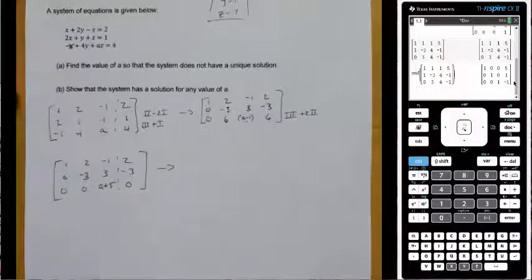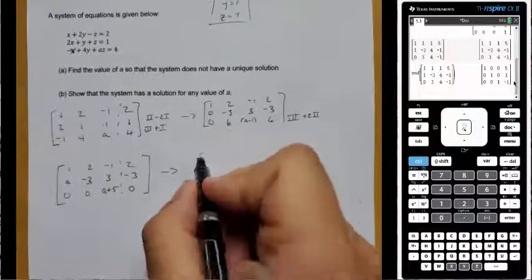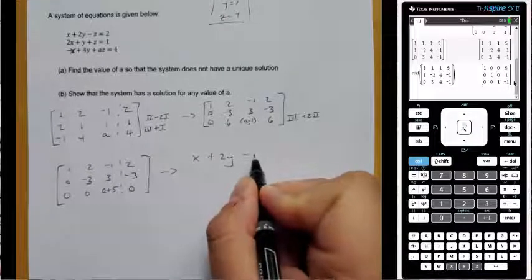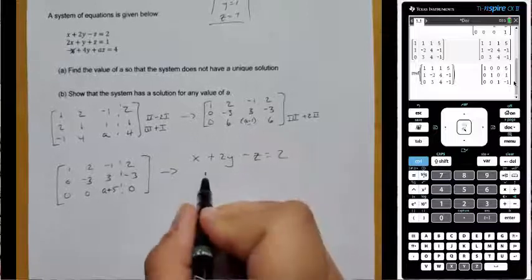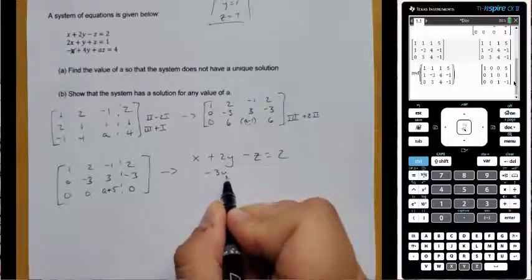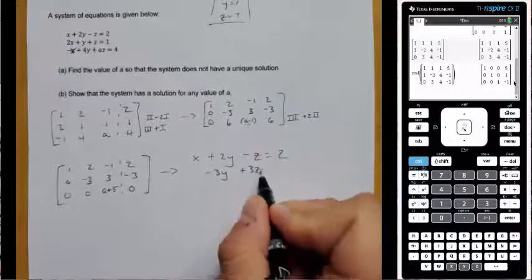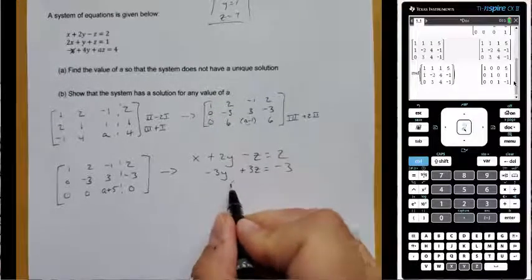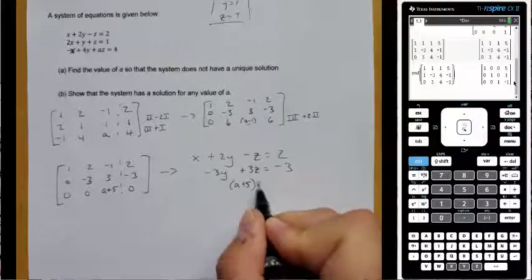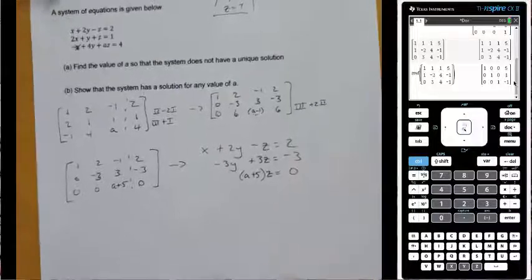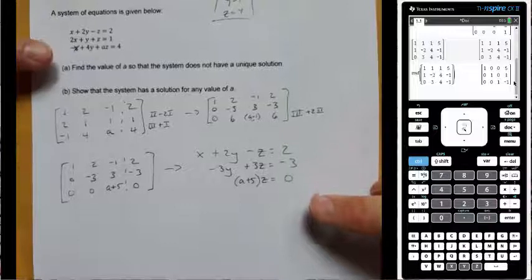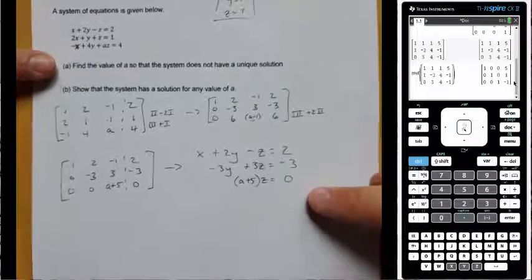Now I can bring this back to equations with x's, y's, and z's. This is 1x plus 2y minus 1z is equal to 2. This is minus 3y plus 3z equals -3. And a plus 5 times z equals 0. So the question is, when will this not have a unique solution?